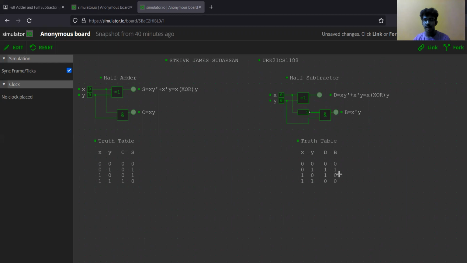And for borrow, the one is at 0 and 1, which represents x bar y.